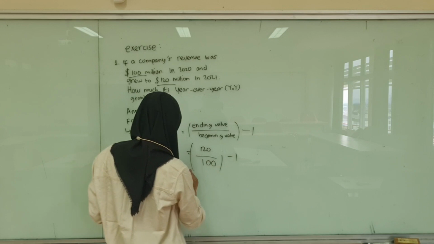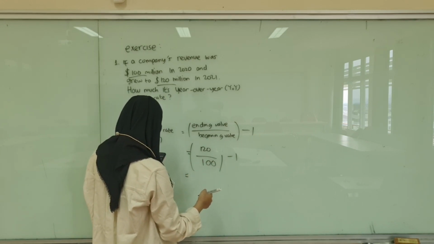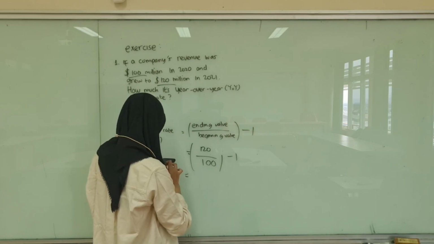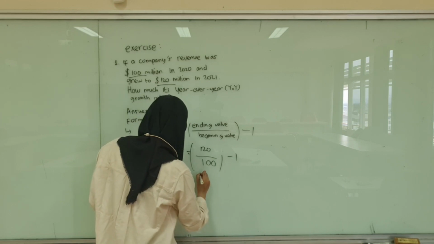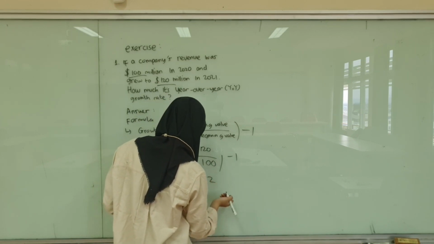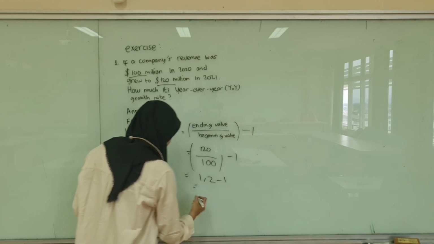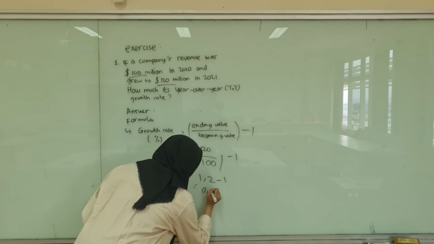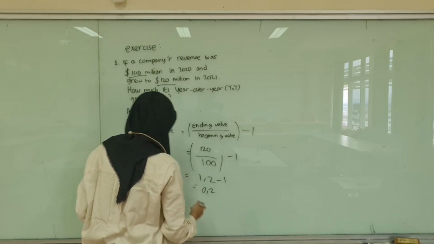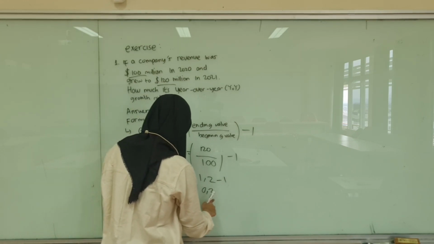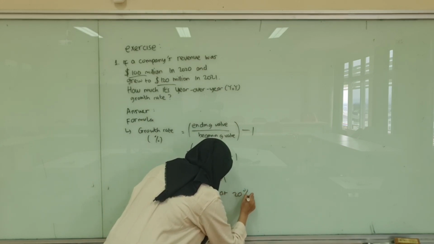So this comes to 1.2 minus 1. This comes to 0.2. So the growth rate is 0.2 or 20%.